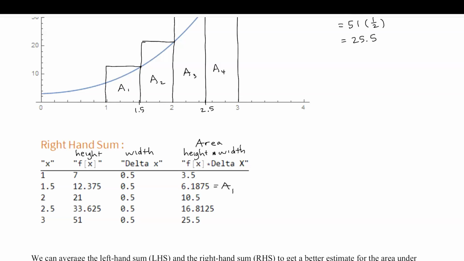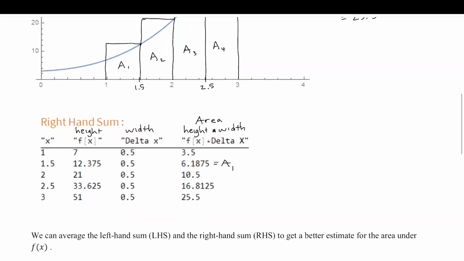And in this case, the 6.1875, which was previously area A2, is now my first right rectangle area, and 10.5 is my second right rectangle area, and 16.8125 is my third right rectangle area, which was my fourth left rectangle area on the previous example, and now my fourth right rectangle area is 25.5.